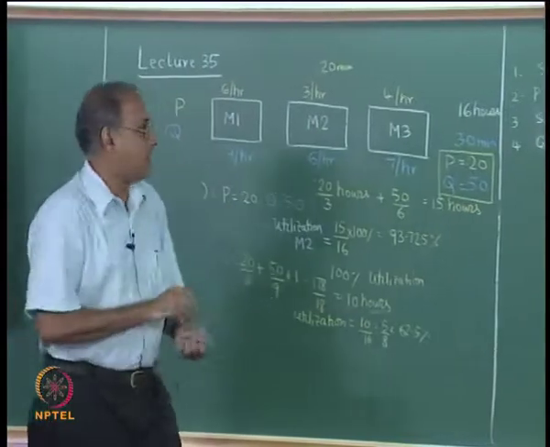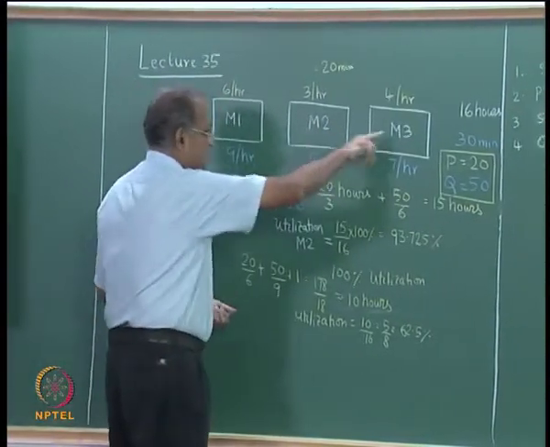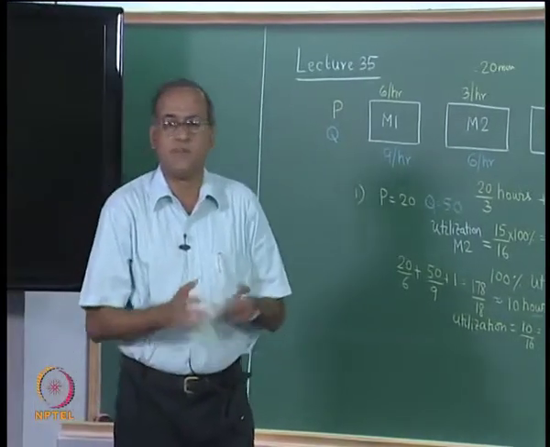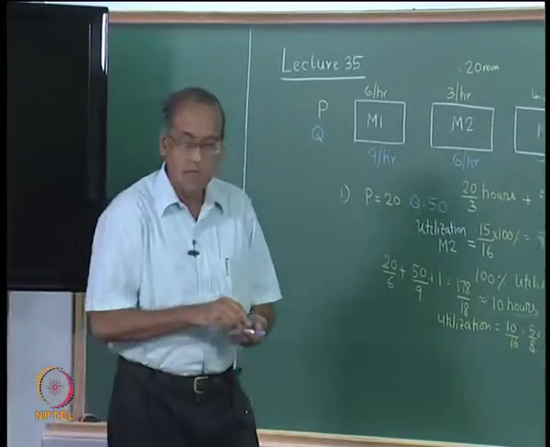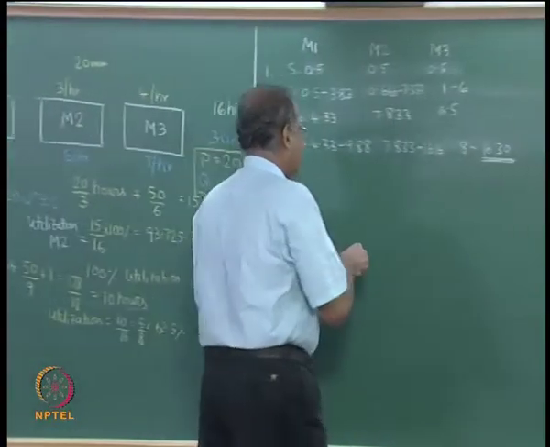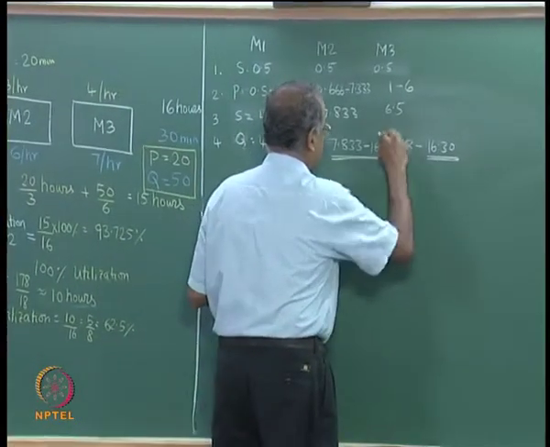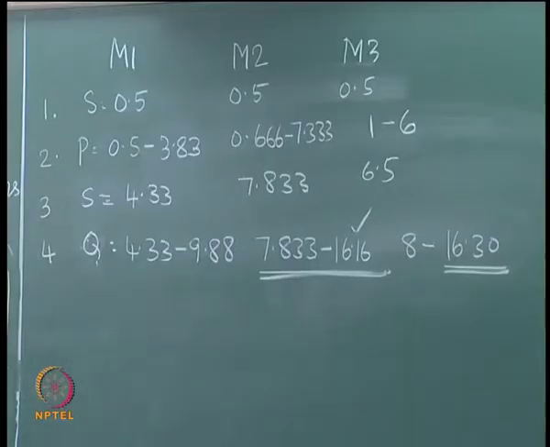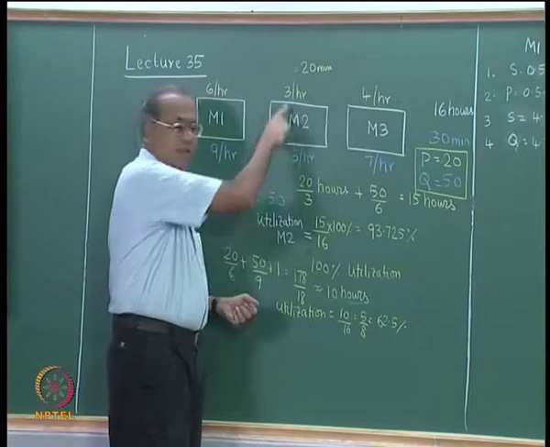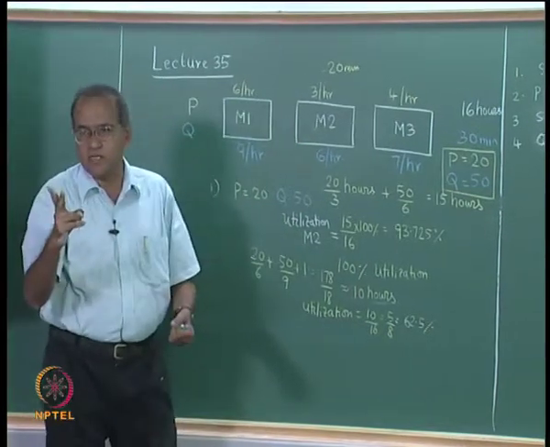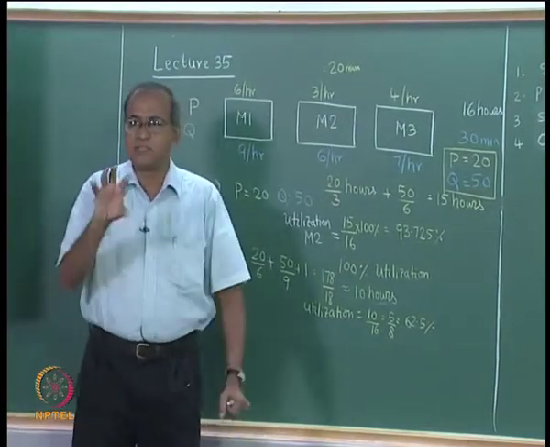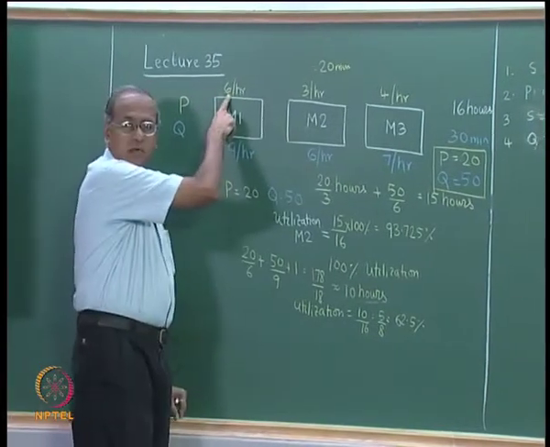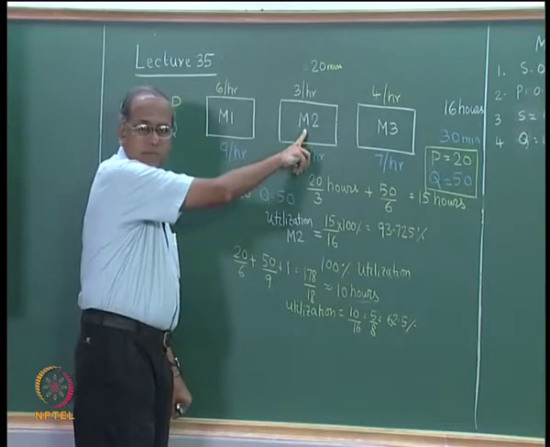So, even if we allow a single piece transfer, which normally does not happen in the context of synchronous manufacturing, the bottleneck machine will require 16.166. The 16 comes from the time required, which is 15, plus the time for 2 changeovers, which is 1 hour. So, 16, the time it takes for the very first piece of P to come from this machine to this machine.